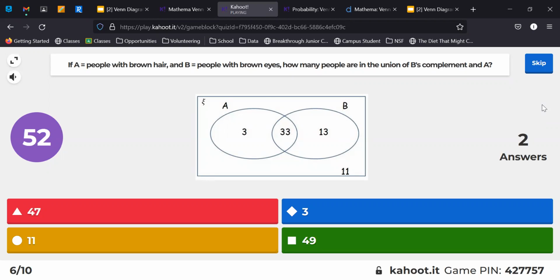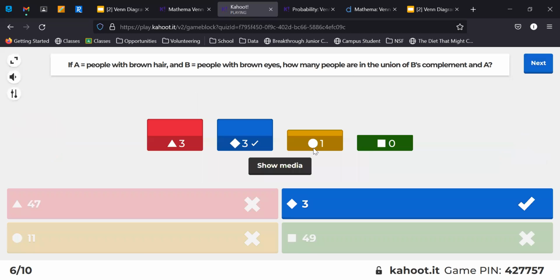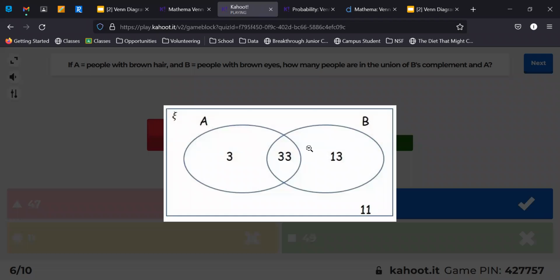Okay, so the union of B's complement and A. So remember what union means. Okay, actually none of the answers are right. So it's supposed to be the union of B's complement, right?